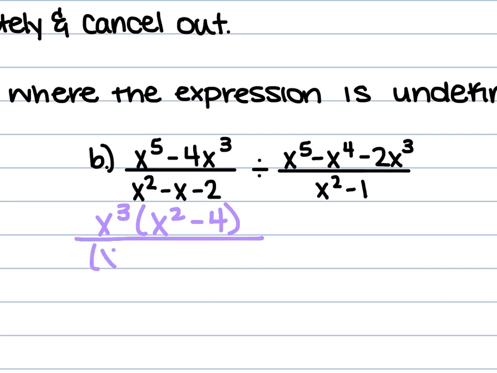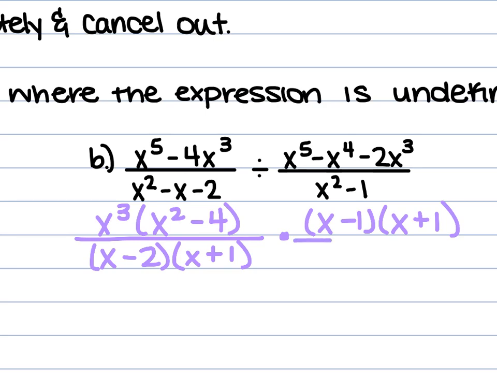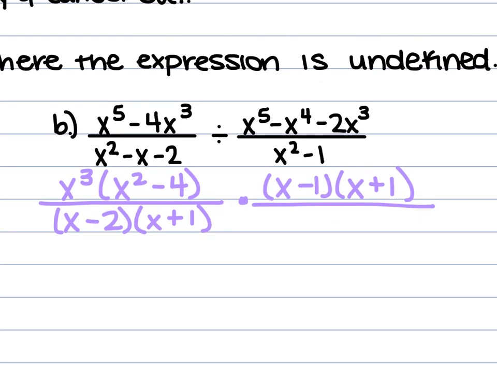This also is going to be x minus 2 times x plus 1. If I switch to multiplication and flip my second fraction, that x squared minus 1 factors out to be x minus 1 times x plus 1. And then I can start factoring that x to the fifth minus x to the fourth minus 2x cubed by factoring an x cubed to leave me with x squared minus x minus 2.